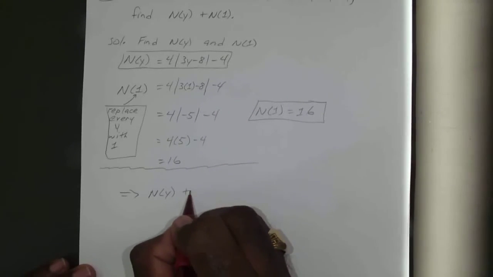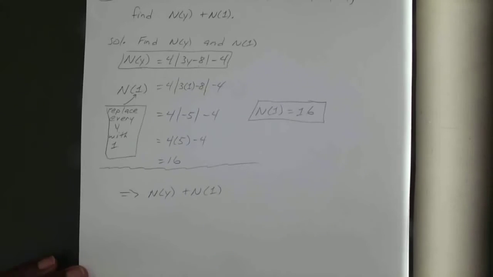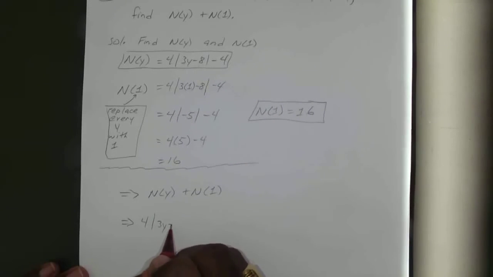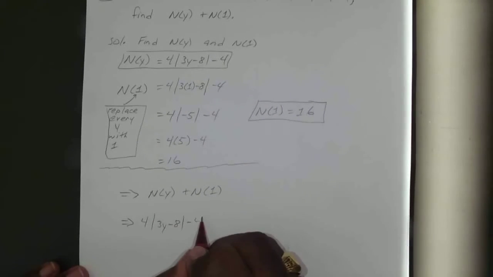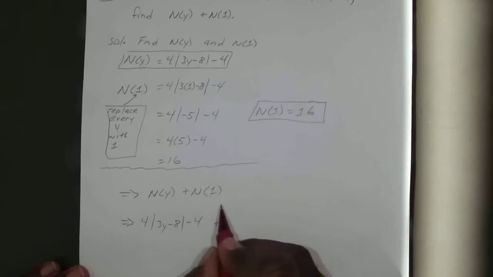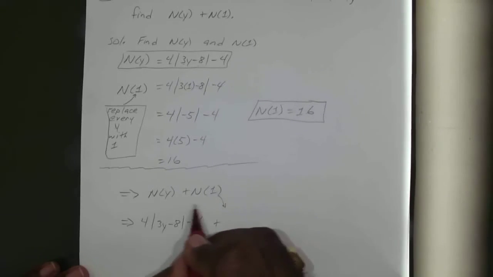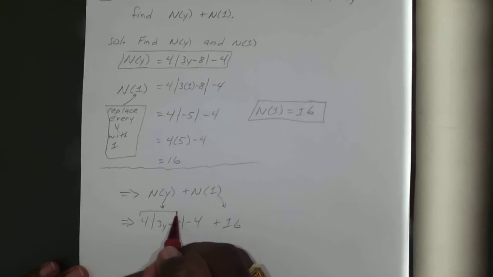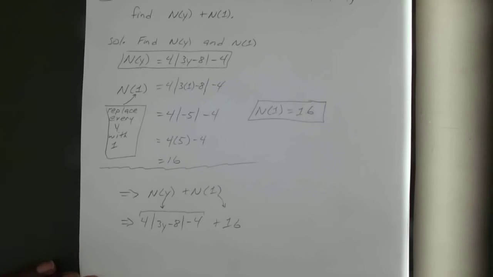So n of y plus n of 1 just becomes 4 times the absolute value of 3y minus 8, minus 4, plus your n of 1, which is 16. Okay, so you have all of that plus that. Any questions on this so far? All right, the ones you have like that, you just combine all the terms you can.